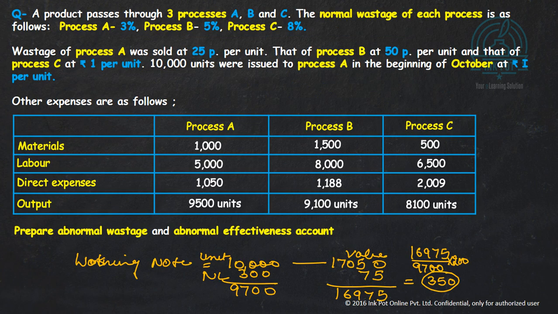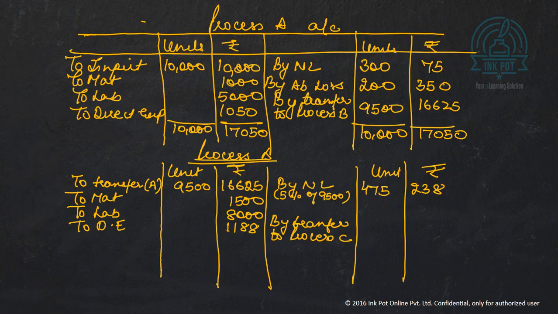There are 9100 units, so I am going to transfer 9100 units to process C. But how much is the value? Let's do the total first. Here the total is 9500 and here the total is 9100 plus 475, which means 9575, right? So that means 75 units are extra.